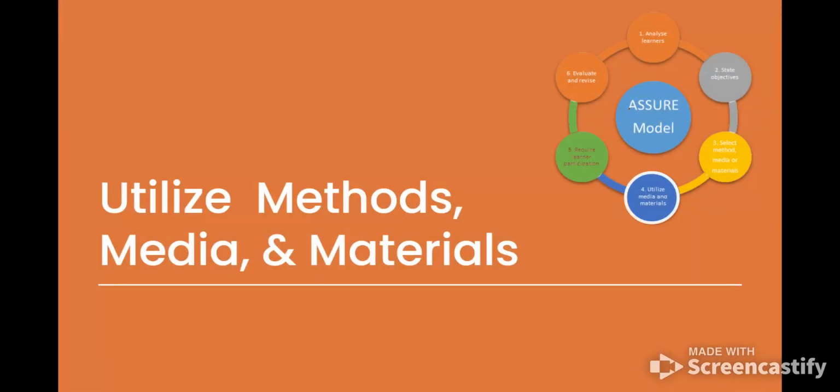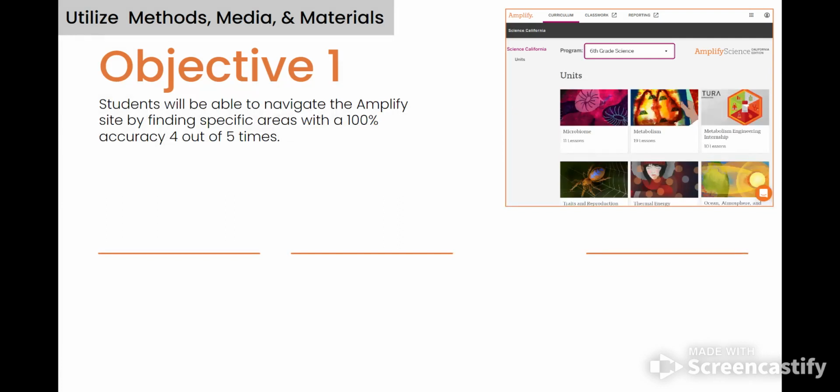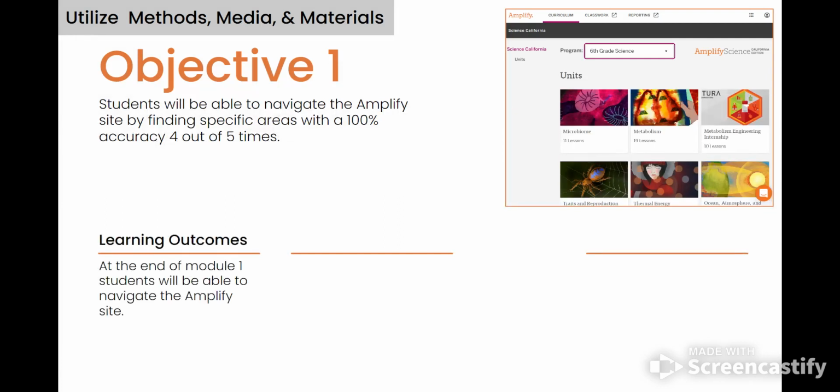So we're at the phase of step 4 where we will utilize the media and materials. And I will go into somewhat highlighting the aligned learning outcomes in that area. So with objective 1, we have the objective and which learning outcome aligns with that.